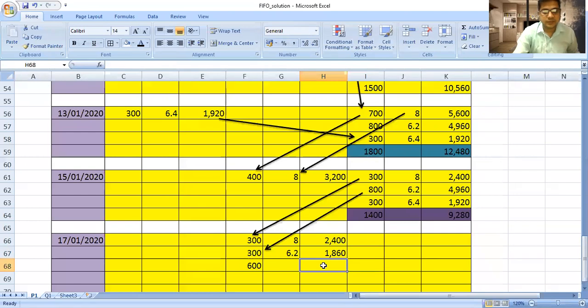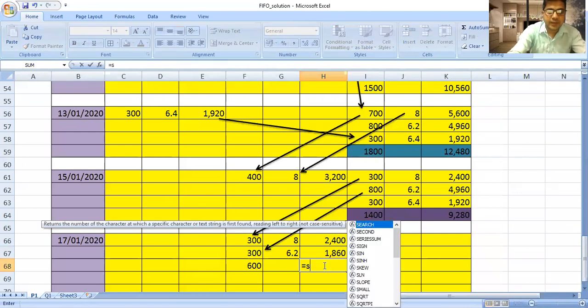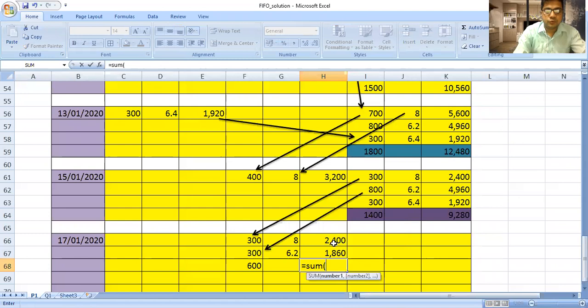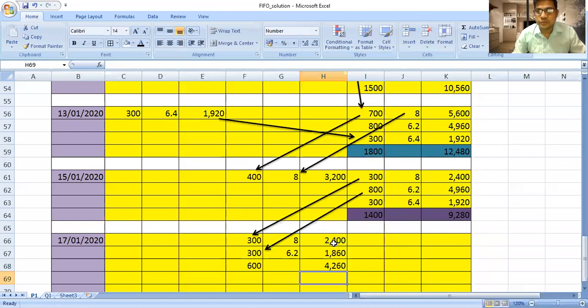And their total value, 2400 plus 1860, total will be 4260. Now friends, 300 units were sold from this 800.